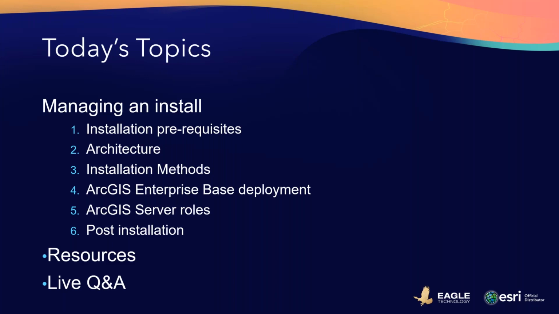There's multiple ways that we can install ArcGIS Enterprise. We look at the ArcGIS Enterprise base deployment, that's a minimum requirement for Enterprise, and the different ArcGIS Server roles, including data stores as well. And then some things to consider with post-installation. And then we'll round out with looking at some resources.